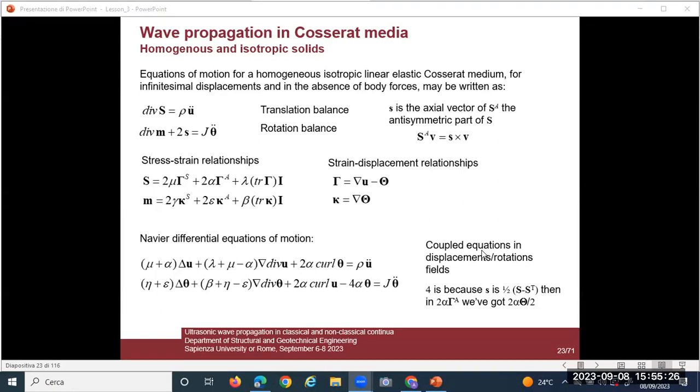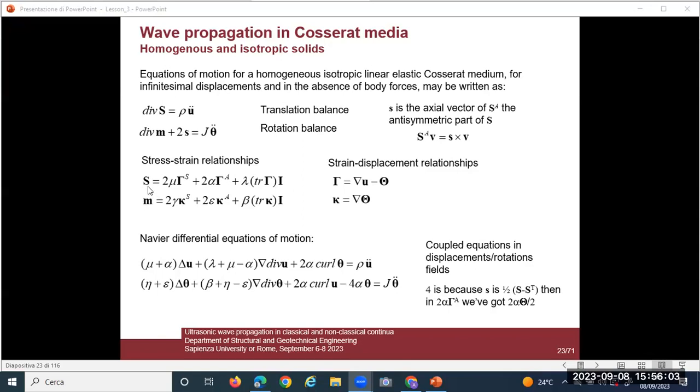And these equations, in the case of three-dimensional solids, are a total of 6, because you've got 3 equations expressing translational balance plus 3 equations expressing rotational balance. In this case, the stress-strain relationships are these ones, S and M.